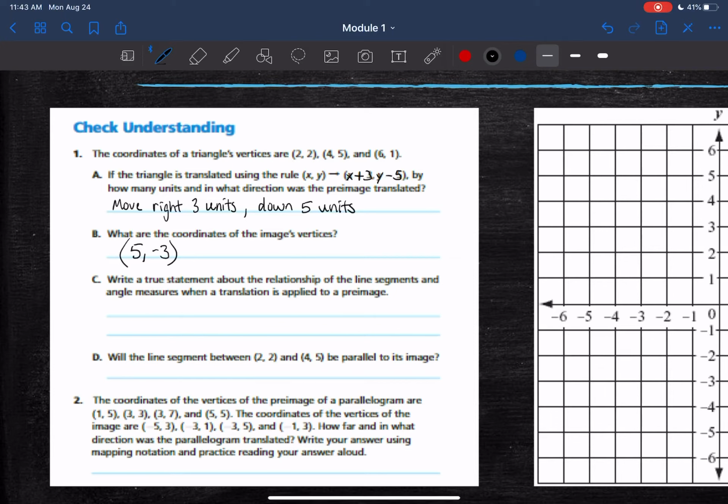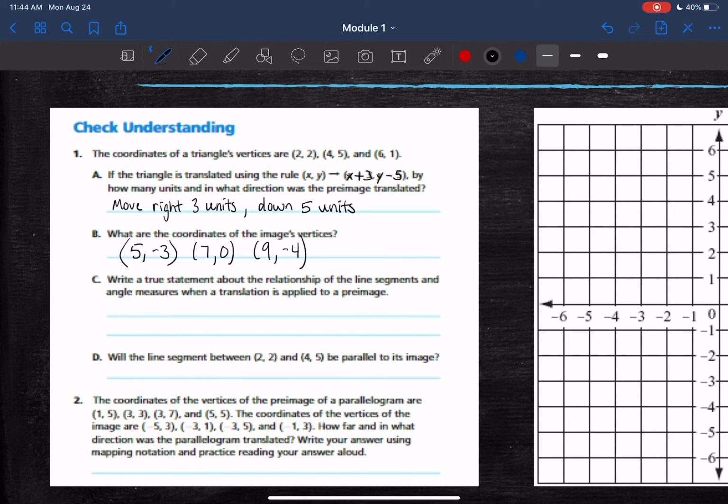For the second one, if I add 3 to 4, that's going to give me 7. And subtract 5 from 5, that's going to give me 0. 6, 1. If I add 3, that's going to give me 9. And subtract 5, that's going to give me negative 4. So those would be the vertices of the image.